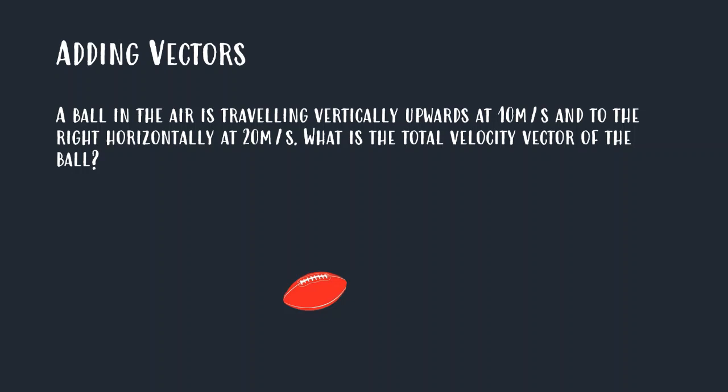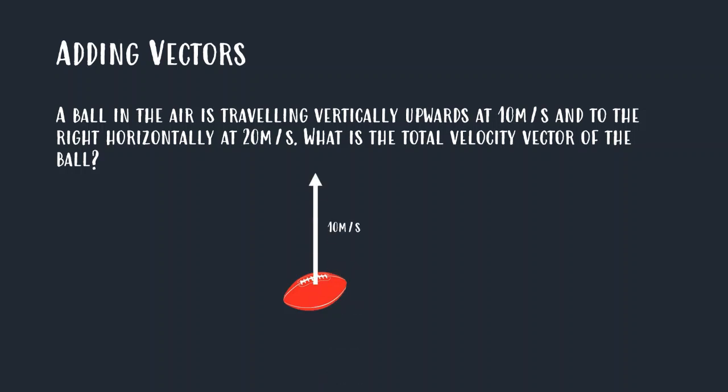A ball in the air is traveling vertically upwards at 10 meters a second. And the ball is also traveling to the right horizontally at 20 meters a second. So what would the total velocity vector of the ball be? So what would the sum vector of the velocity of that ball be?